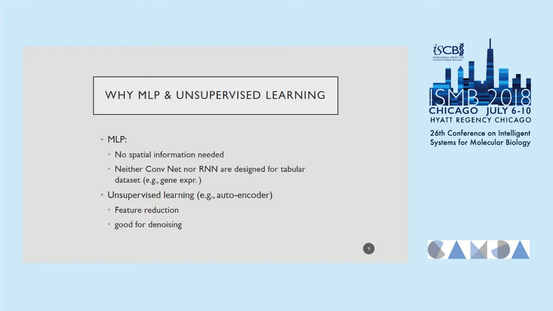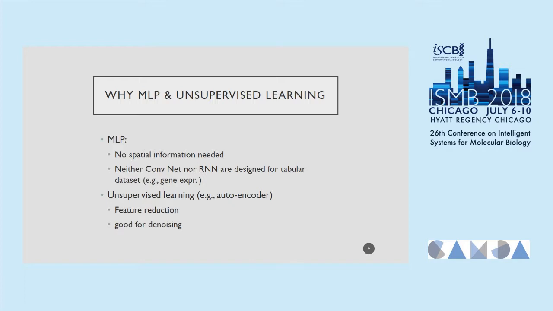And the reason I choose unsupervised learning is because we're dealing with biological data. For biological data, we know there's the curse of dimensionality, which means we have too many features but not so many samples for normal biological data. So we will use feature reduction to reduce the feature numbers.